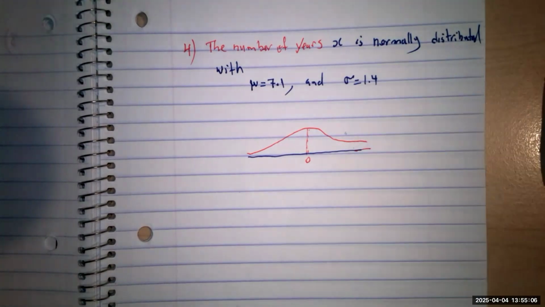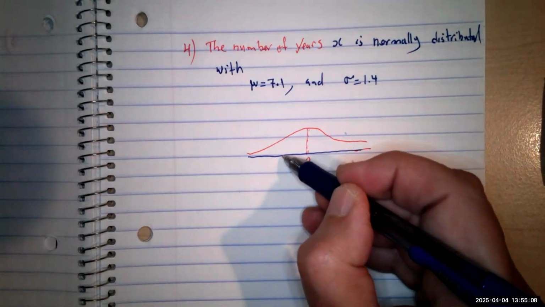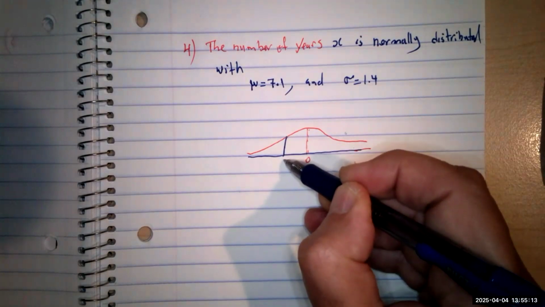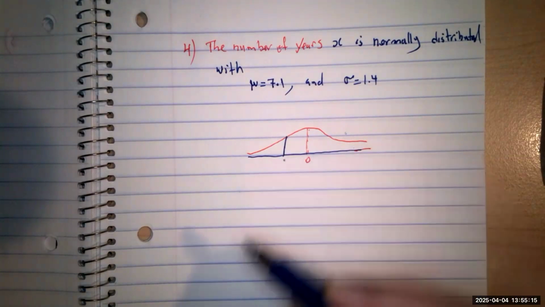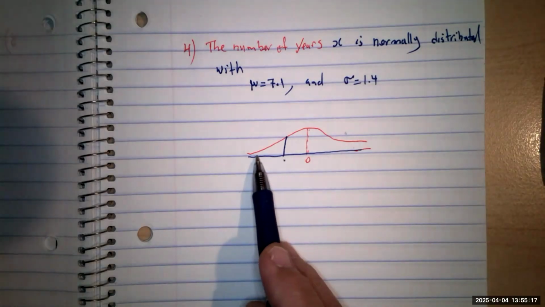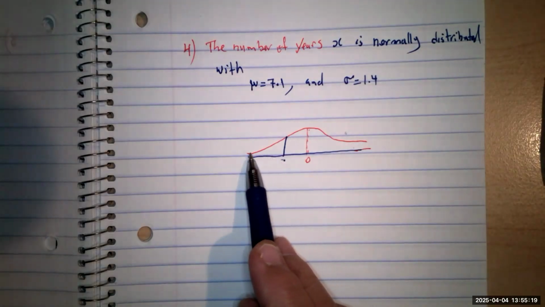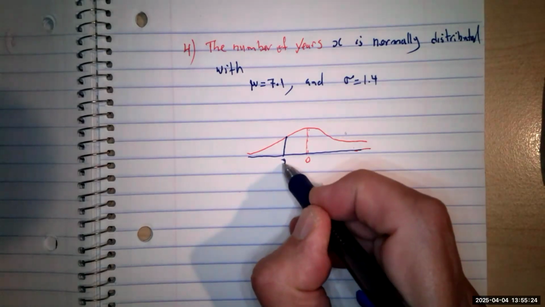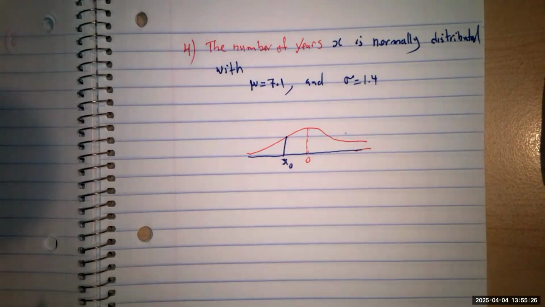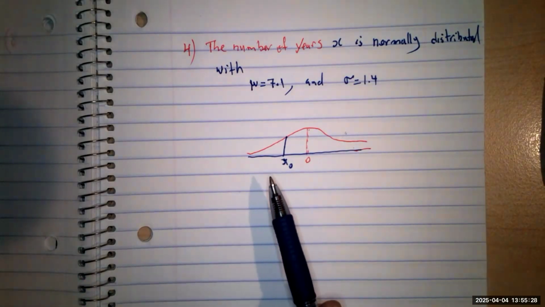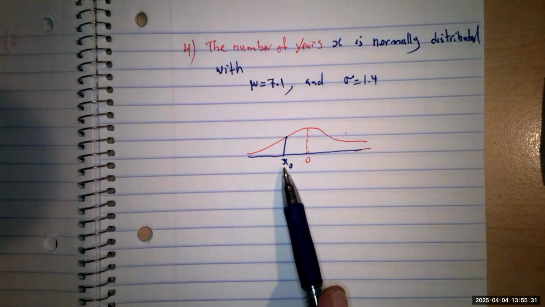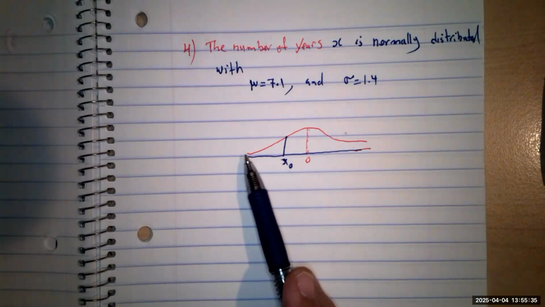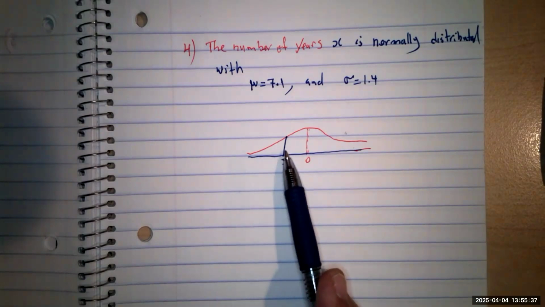If this is a number of years, x0, say 2 years, and anything happens to the CD player during the first 2 years, then you have to replace it, but otherwise you don't.